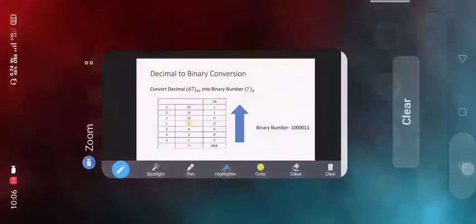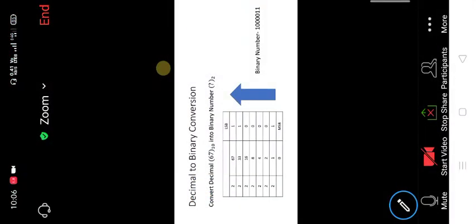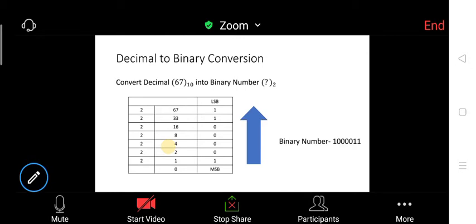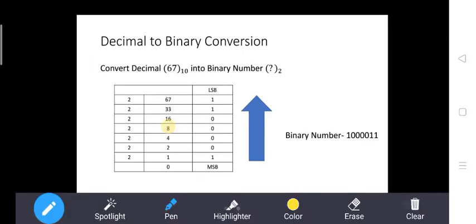Next, 8 divided by 2, answer will be 4, remainder is 0. Next, 4 divided by 2, answer will be 2, remainder is 0. Next, 2 divided by 2, answer will be 1. 2 into 1, 2. 2 minus 2, remainder is 0.